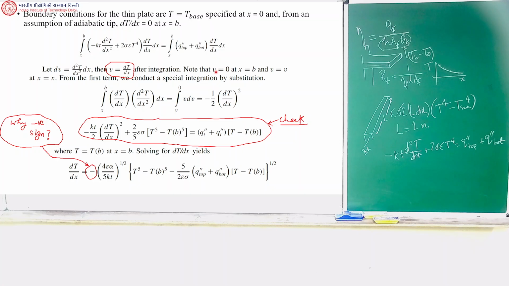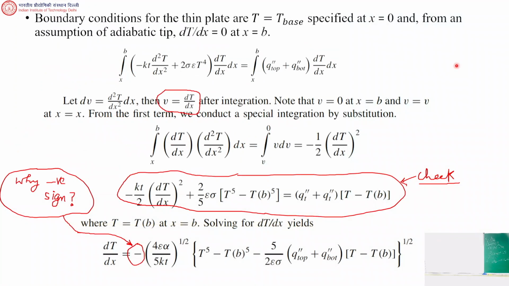This is integrated from x to b. b is the length, so at x equal to b, you've got the tip of the fin, right? And we are also assuming dT/dx equal to 0 at x equal to b. So, adiabatic fin.